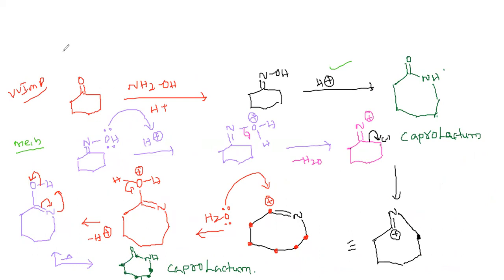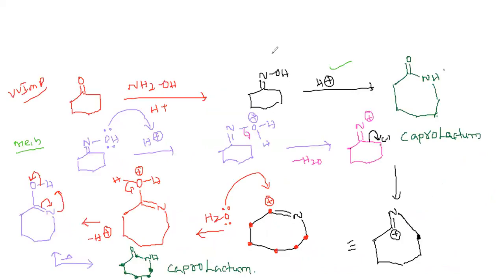So it is a 7-member ring. If they give a 5-member ring, it is converted to a 6-member ring amide, an alkylamide. If it is a 6-member ring giving a 7-member ring, we are calling this caprolactam.